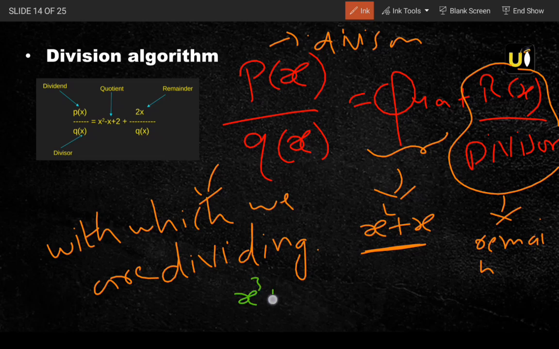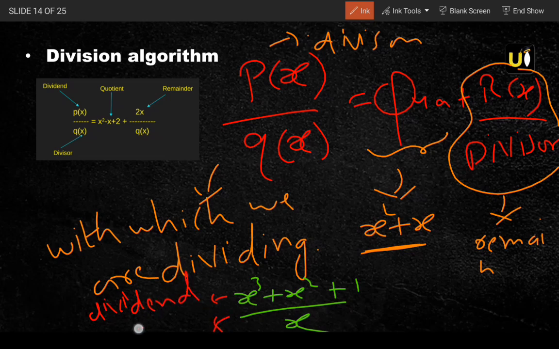So, zeros of the polynomial. What are zeros of the polynomial? For example, we have a polynomial equation x cube plus x square plus x plus 1. A zero of the polynomial means the value of x for which the polynomial f of x will be 0. We substitute some value in place of x, and the value with which this expression becomes 0 is termed a zero of the polynomial.